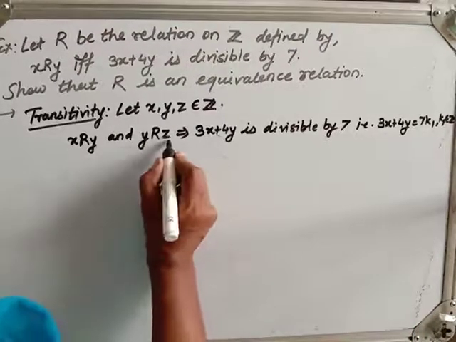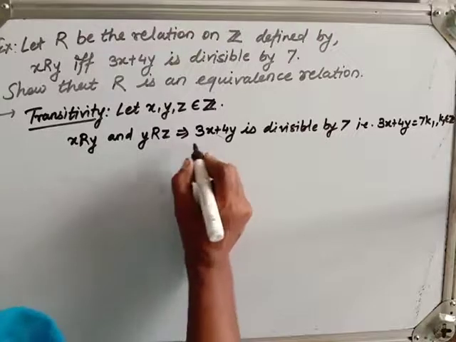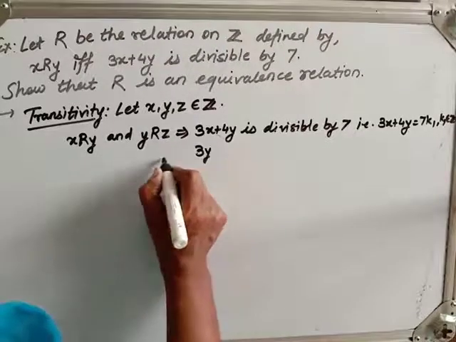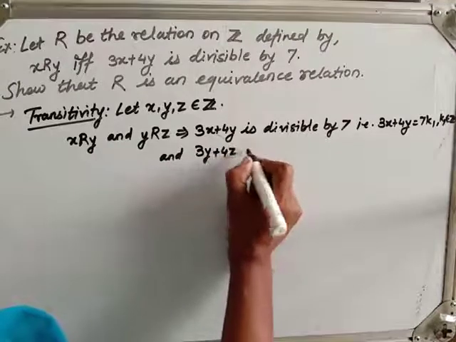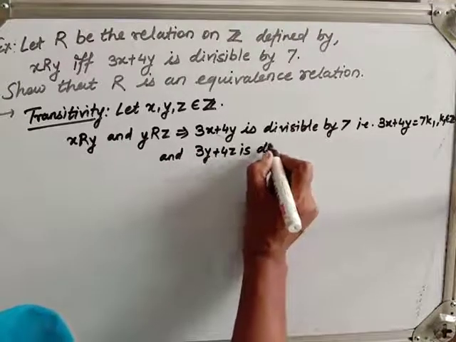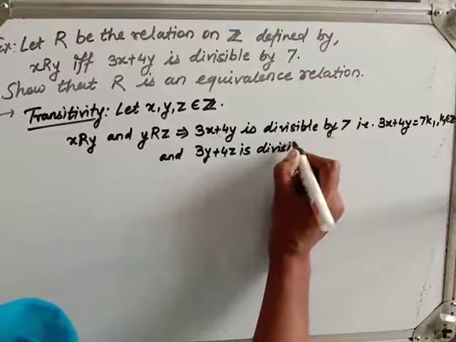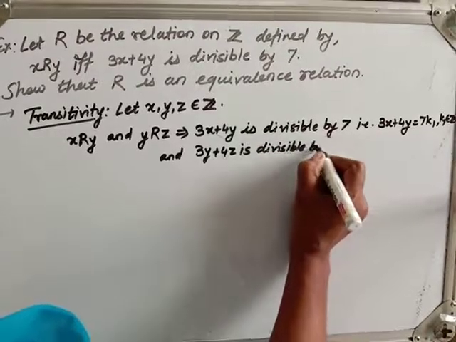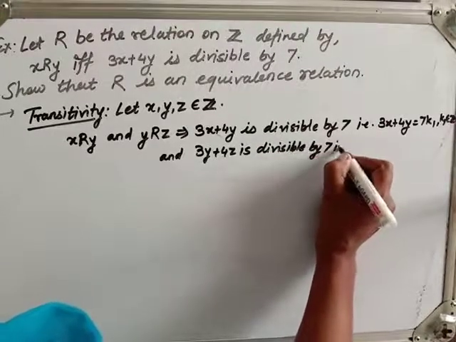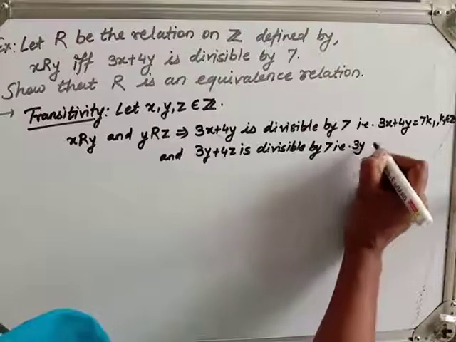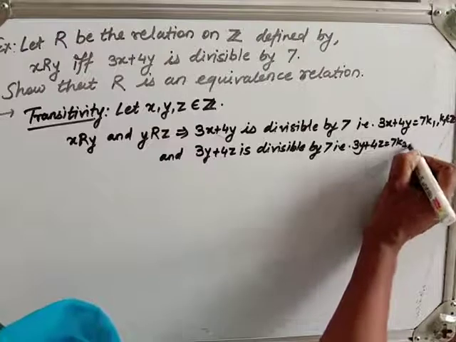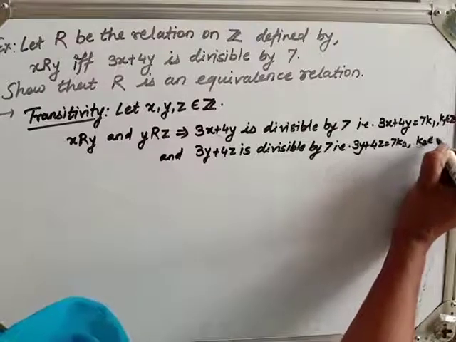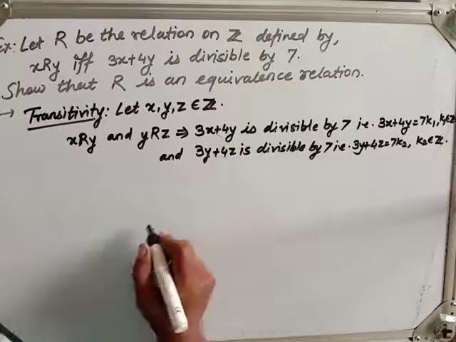Similarly, y related to z says 3y plus 4z is divisible by 7, that is 3y plus 4z is equal to 7k2, where k2 belongs to the set of integers.